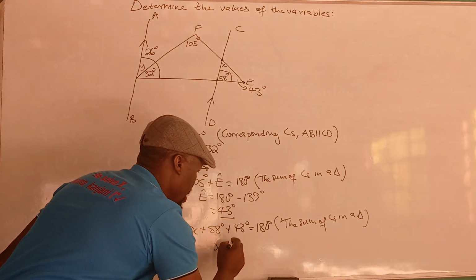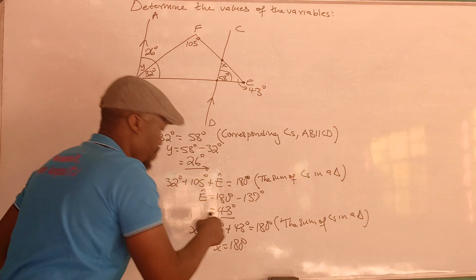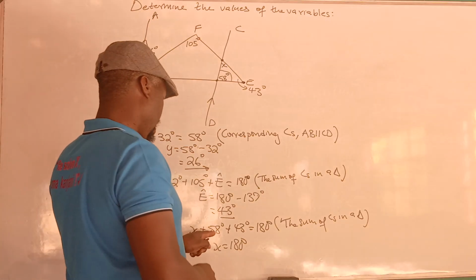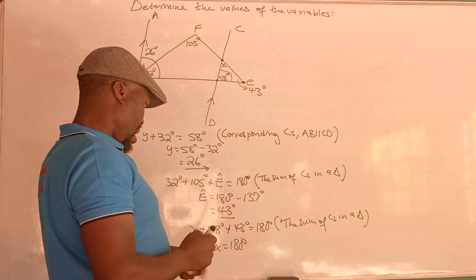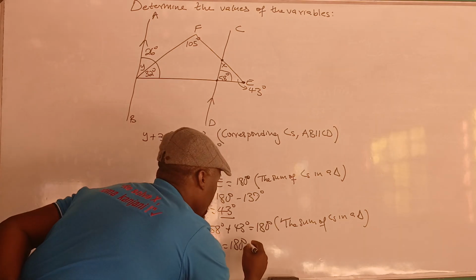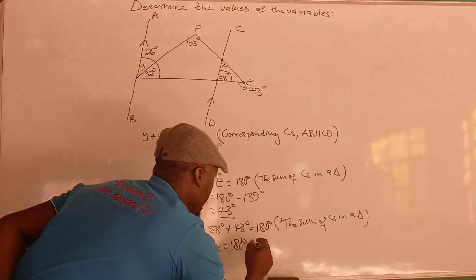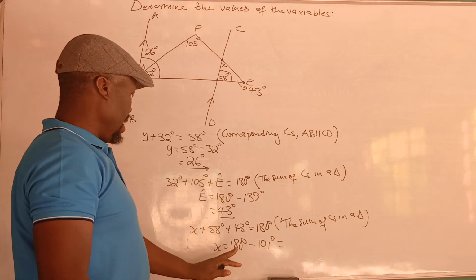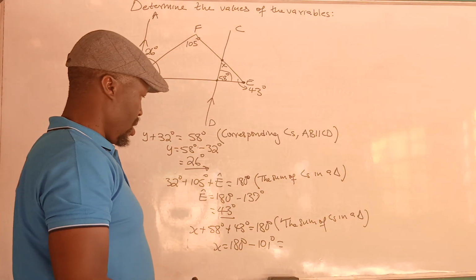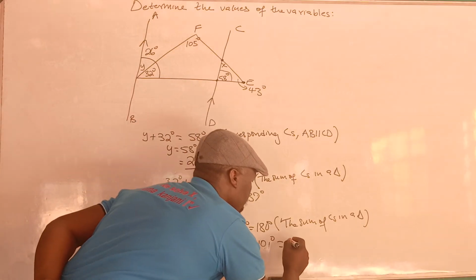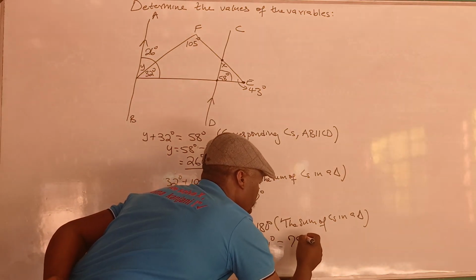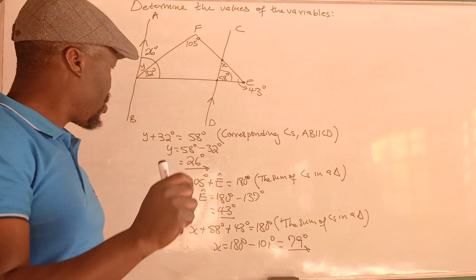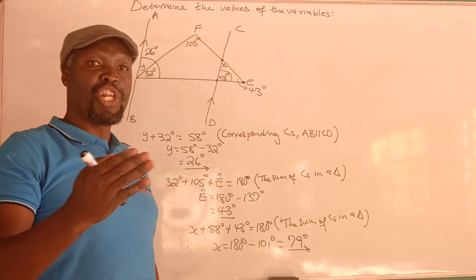Now we add these two angles and subtract their sum from 180 degrees. 58 plus 43 is 101 degrees. 180 degrees minus 101 degrees will give us 79 degrees, meaning that the value of x is 79 degrees.